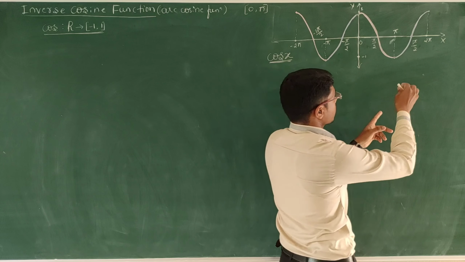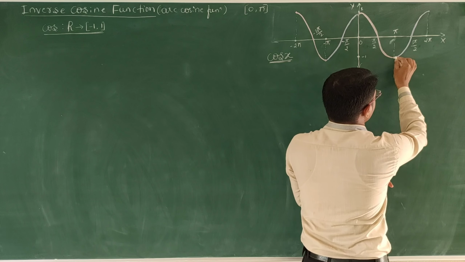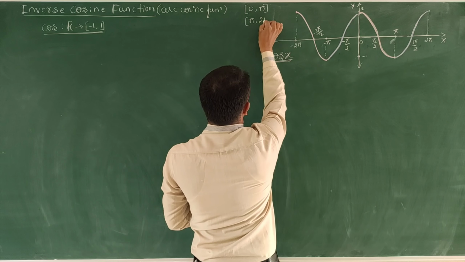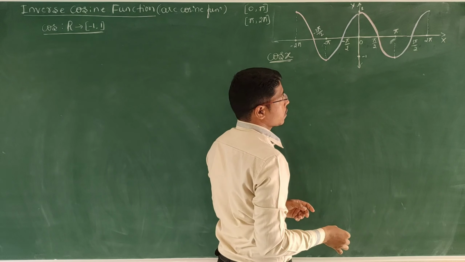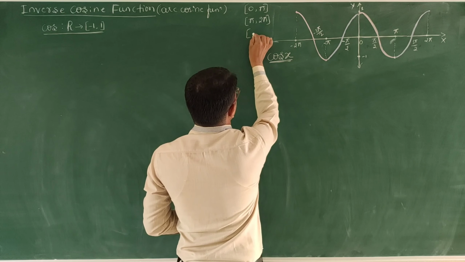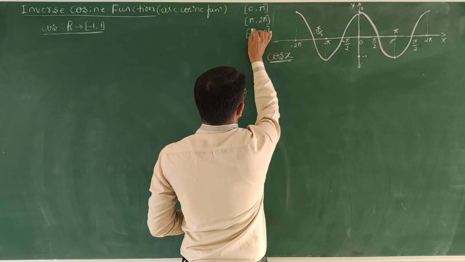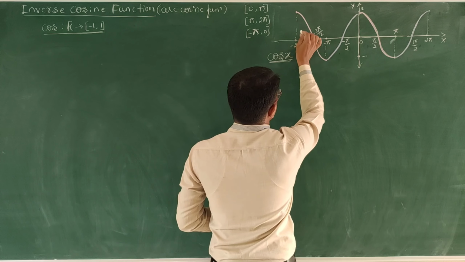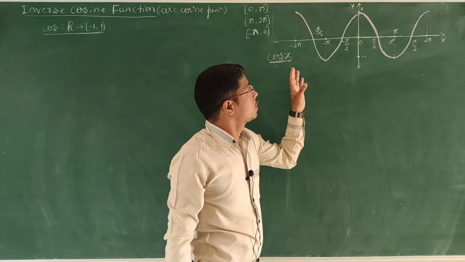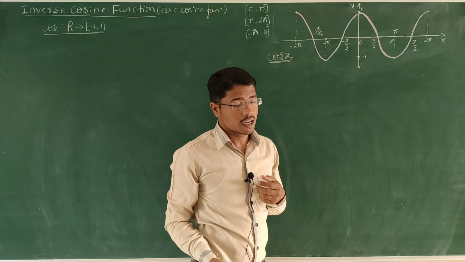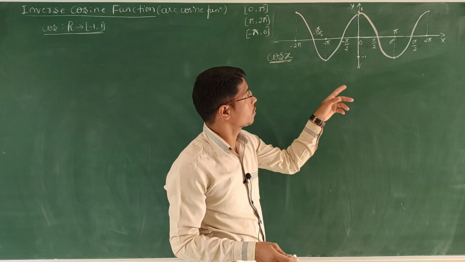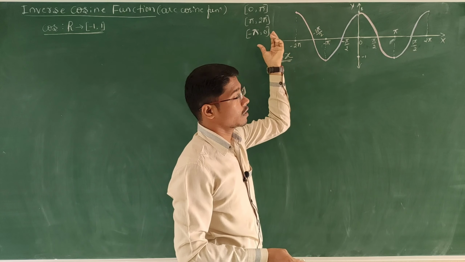Apart from this, we can take the interval pi to 2 pi, in this region also it will become invertible, and minus pi to 0, and minus 2 pi to minus pi. In these regions the function will become invertible. The cosine function is not only restricted to 0 comma pi; apart from 0 comma pi we can define this.